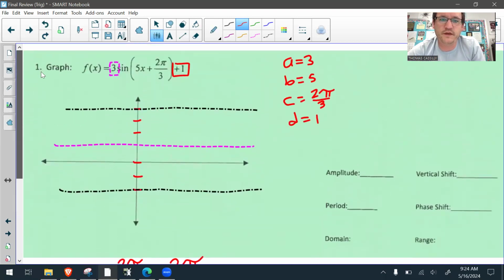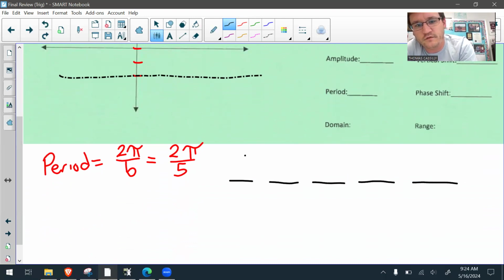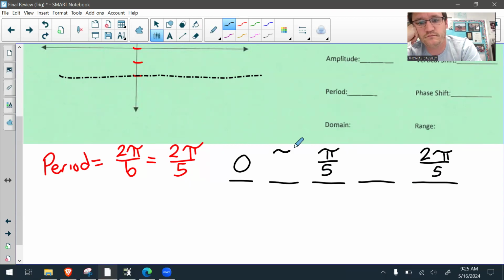If we think about that, I can identify the 5 important pieces here. If it starts at 0 and ends at 2 pi over 5, let's identify those halfway points. 2 pi over 5, cut in half, gives us pi over 5. Cut that in half, and it's pi over 10. Halfway between pi over 5 and 2 pi over 5 is 3 pi over 10.